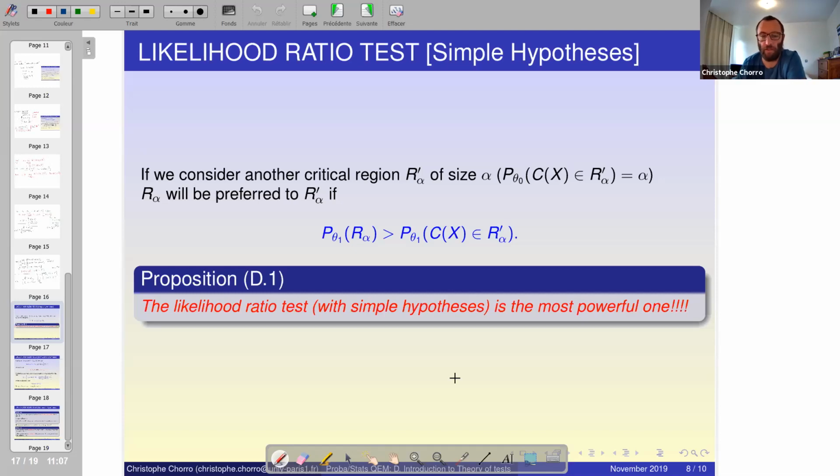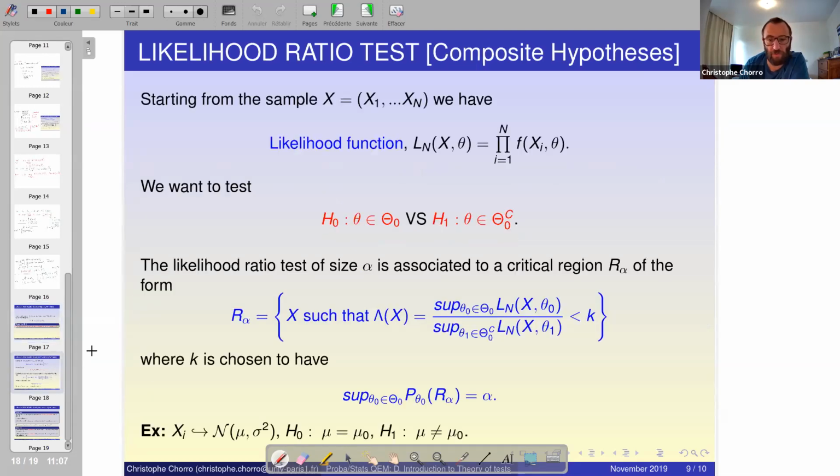So now to conclude this part, we are going to deal with a little bit more general situation, but we are going to see that the principle will be exactly the same.